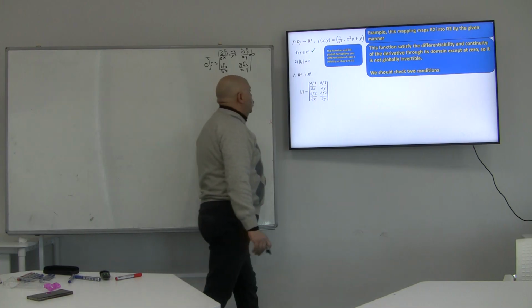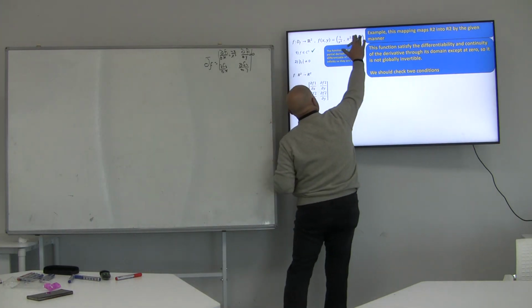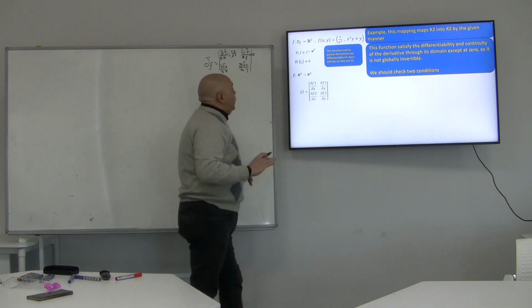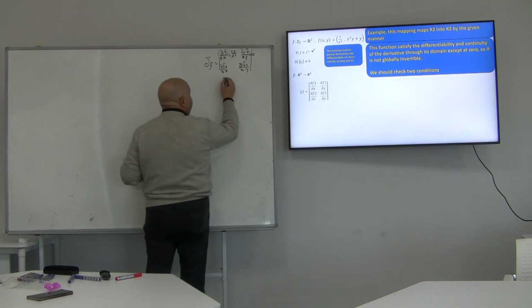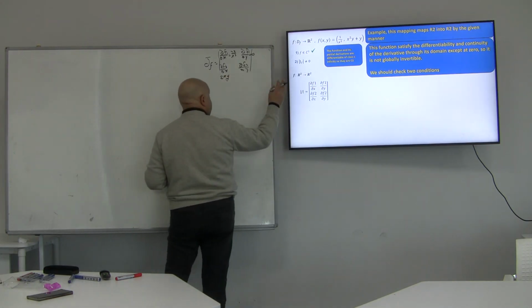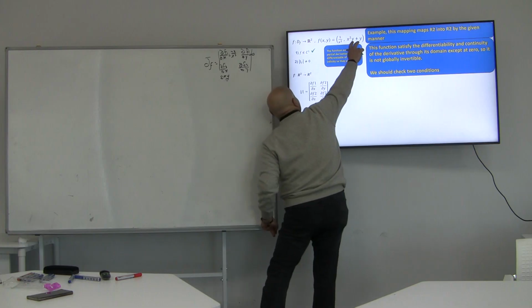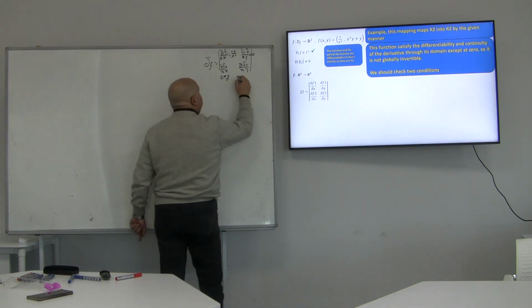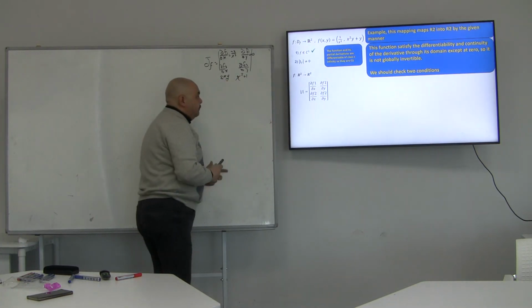If I go for f2, which is x squared y plus y, differentiating with respect to x will leave you with 2xy. But differentiating with respect to y for f2 will leave you with x squared plus 1.